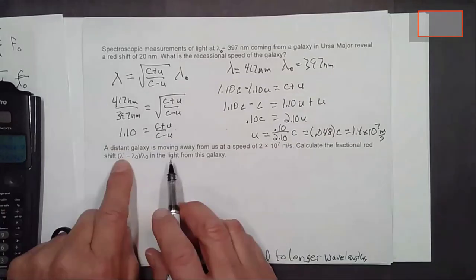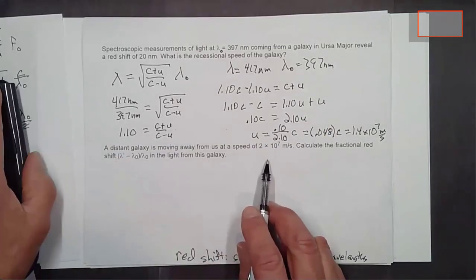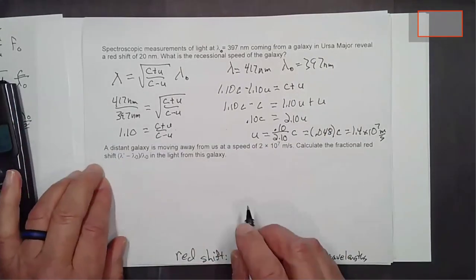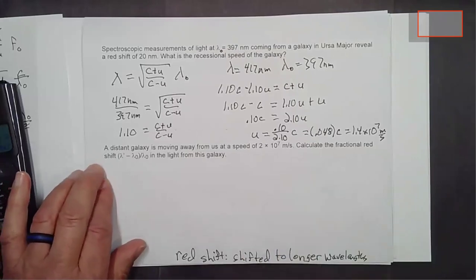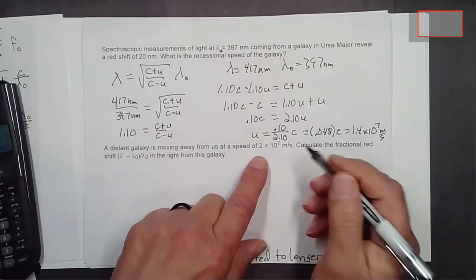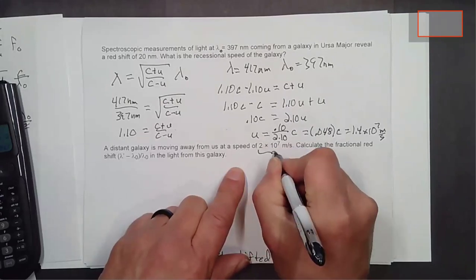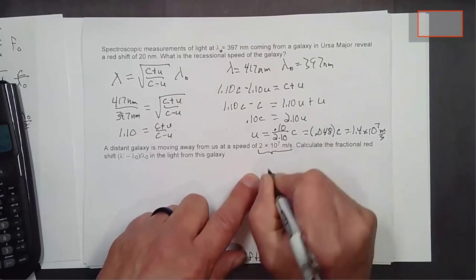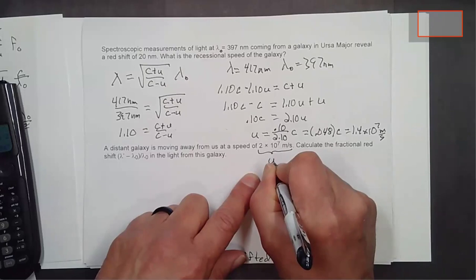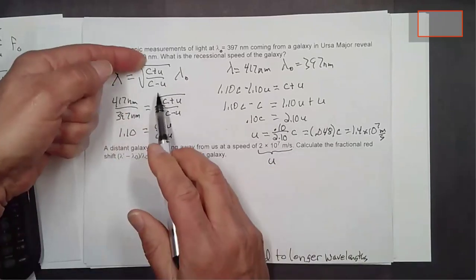Let's see, a distant galaxy is moving away from us at a speed of 2 times 10 to the 7th meters per second. So that would be the U value. And I'd have to swap the signs on here.